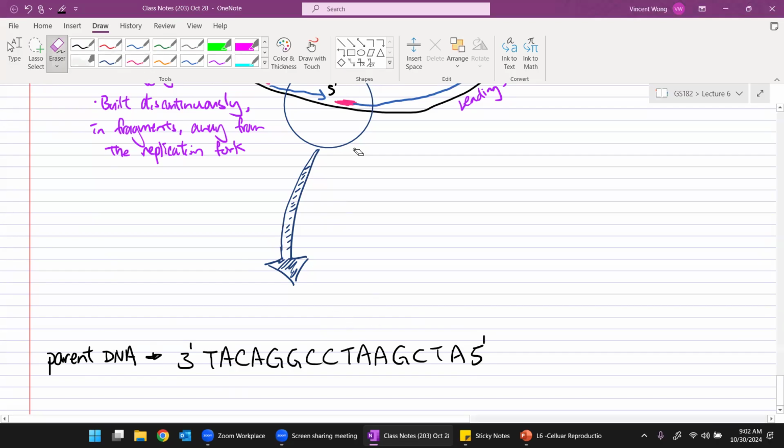And so the pink stuff here, that's like the primer. And then the rest is gonna be filled up with the DNA polymerase, right?